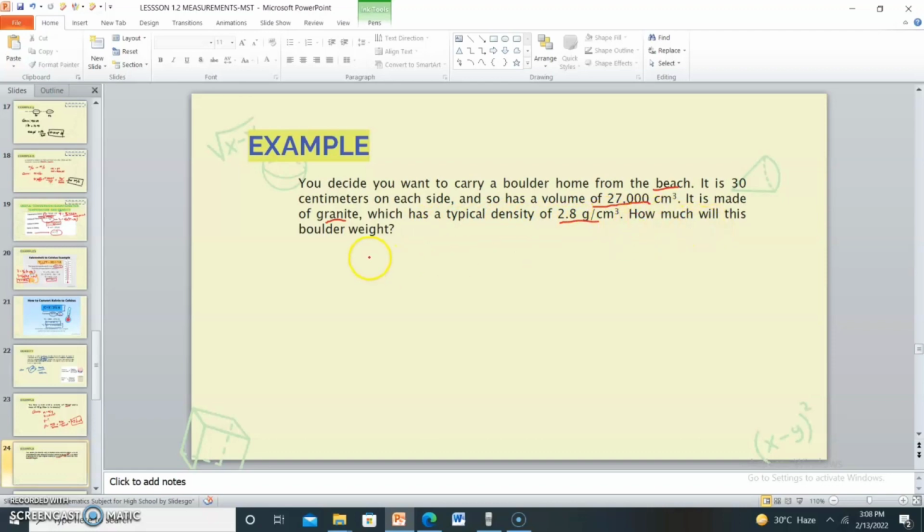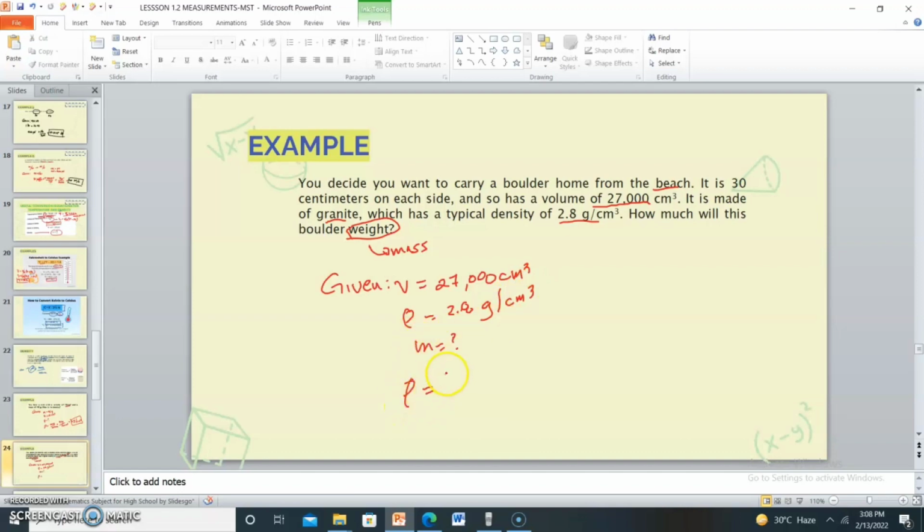How much will this boulder weigh? So, weight is the mass. State the given. The given volume is 27,000 centimeter cube. The density is 2.8 grams per centimeter cube. And what is the mass?